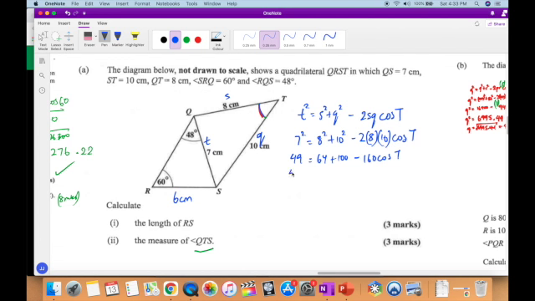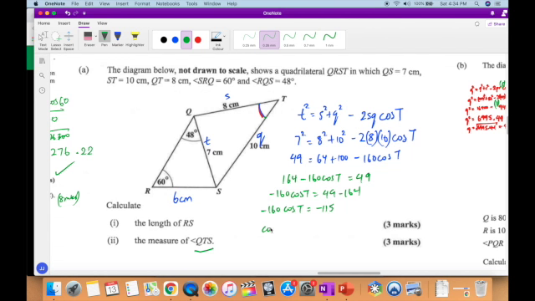So I'm going to have 64 plus 100 is 164, minus 160 cos t is equal to 49. Now I could take the 164 and flip it across. Minus 160 cos t is equal to 49 minus 164, which is negative 115.